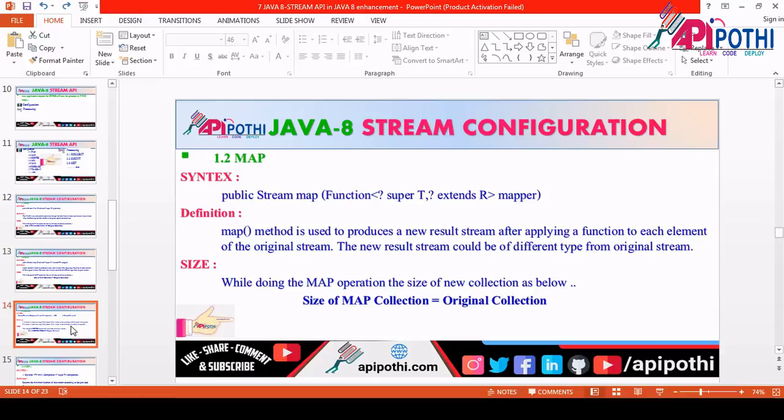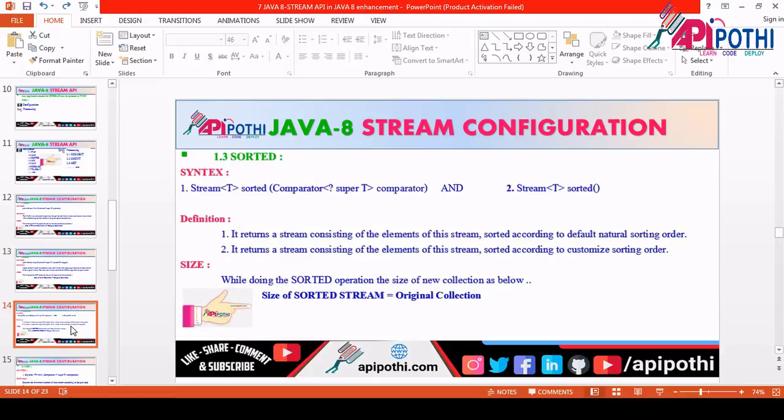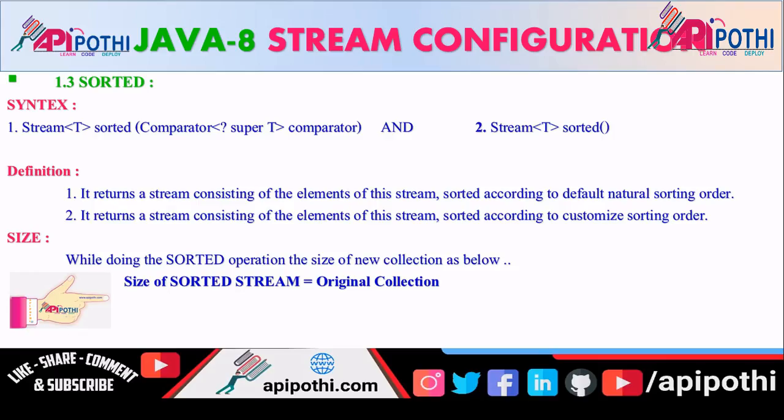Next thing is sorted. Sorted means that it returns sorted data. It has two types of parameters. The first one is sorted, which accepts the comparator, and the other is the default one with the stream sorted. This one is the default, and this one is our own custom logic.